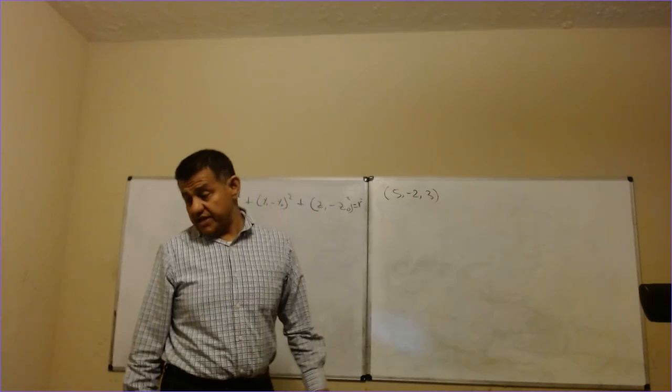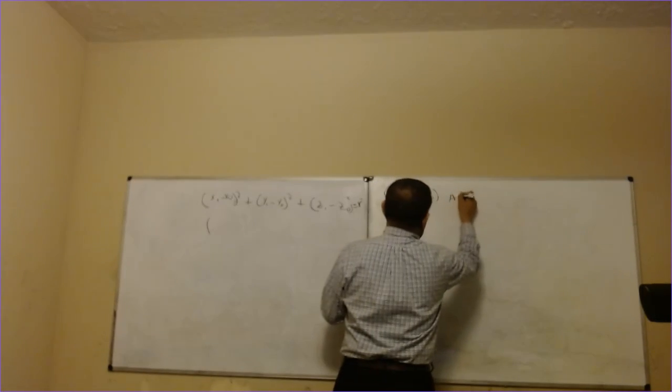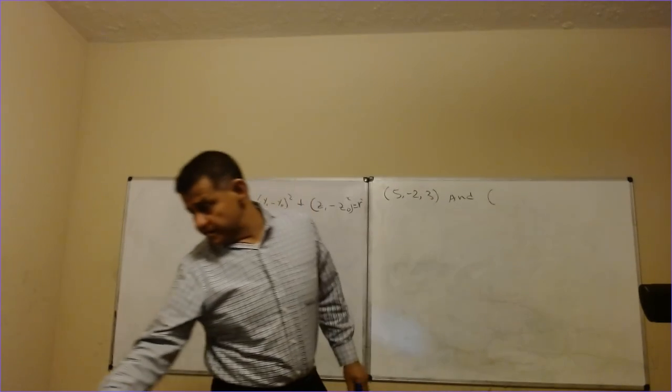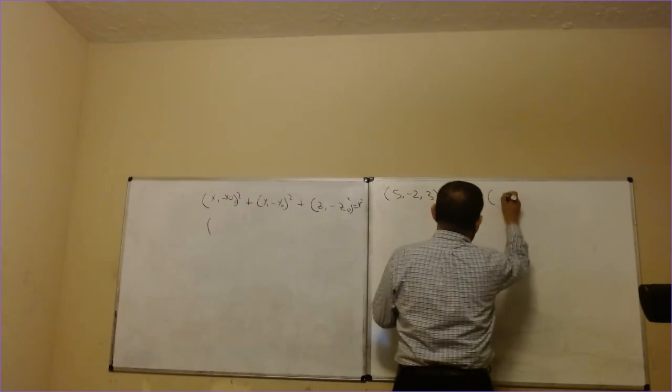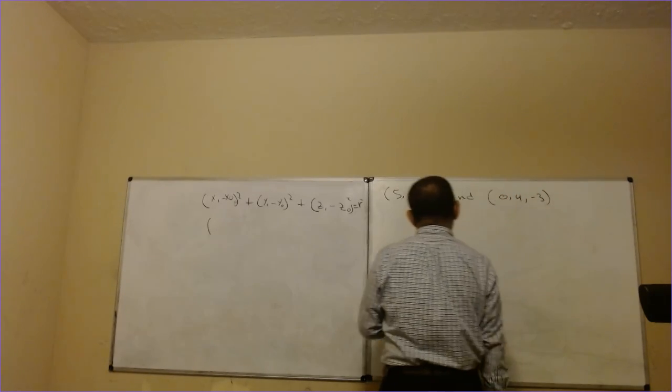That is the initial point. The final point is equal to 0, comma, 4, comma, negative 3.